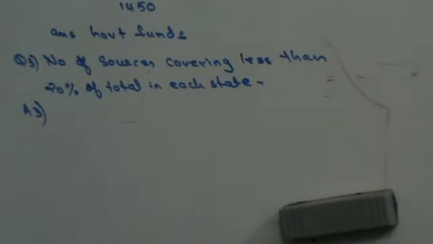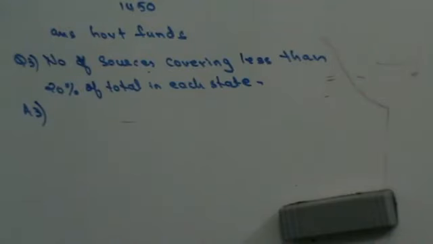Now if I look at West Bengal, total is 560, 20% of that would be 112. If you look at local funds and endowments, both figures are less than 112, right? So for West Bengal, it is local funds and endowments.